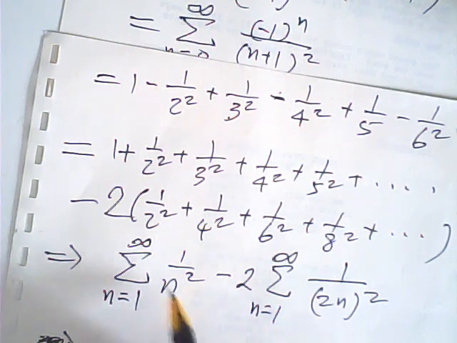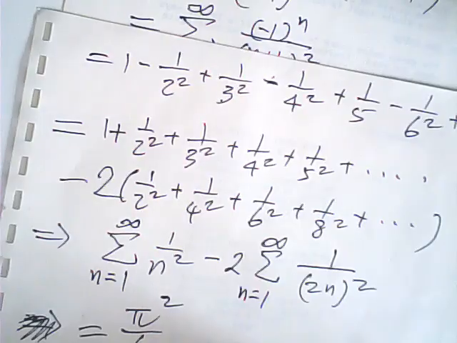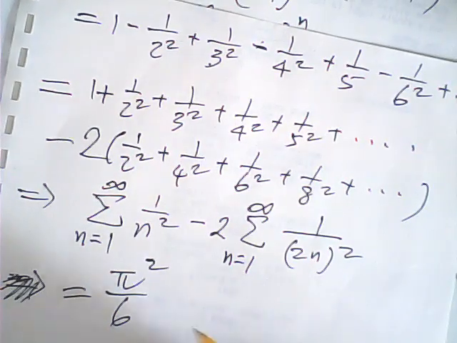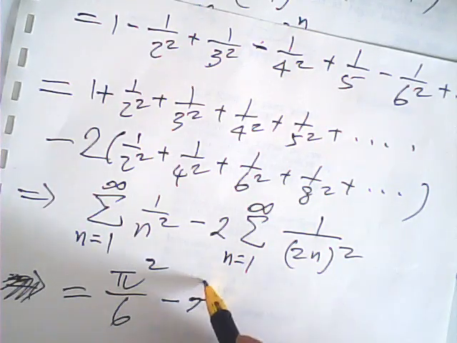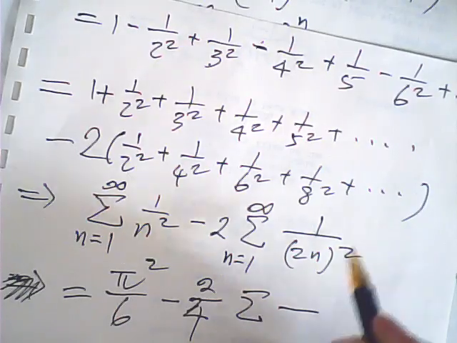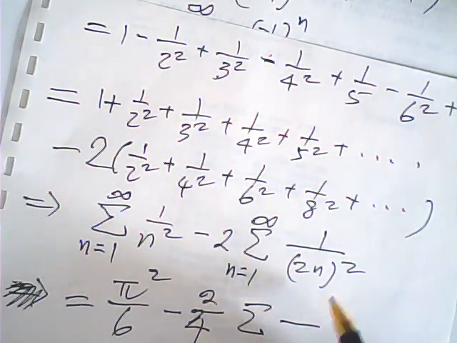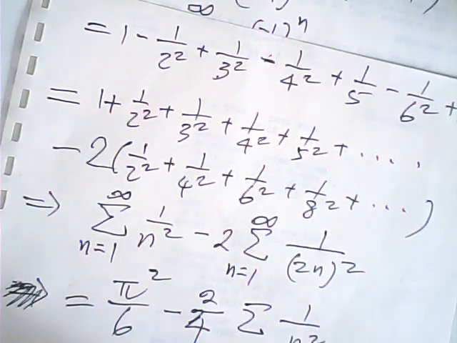The other one is pi squared over 6 minus, this is a 2, right? This is a 4, out becomes n squared.